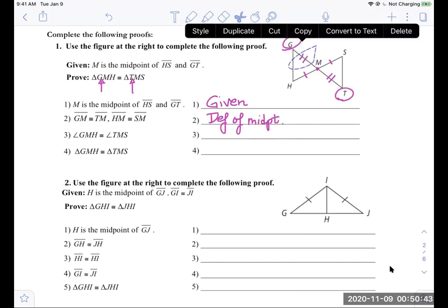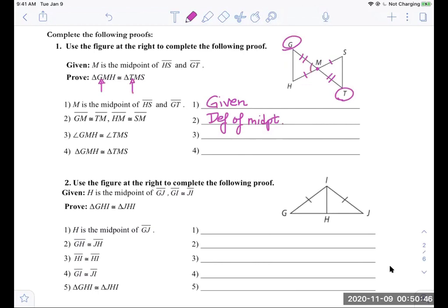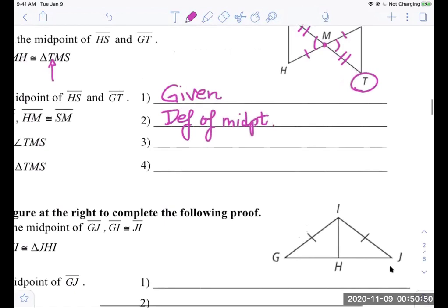Okay, so it said angle GMH is congruent to angle TMS. So the reason for that is that vertical angles are congruent.